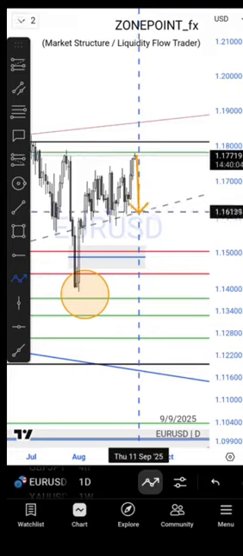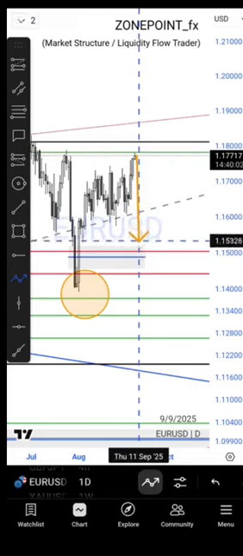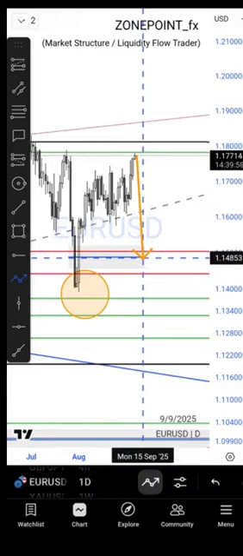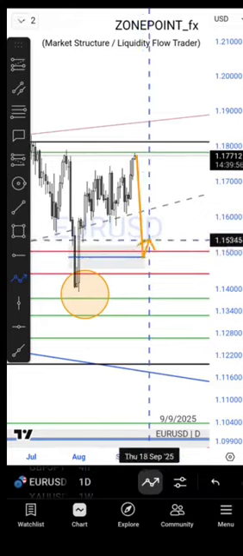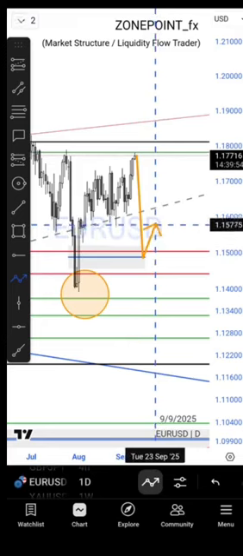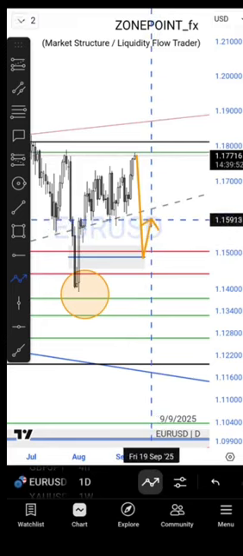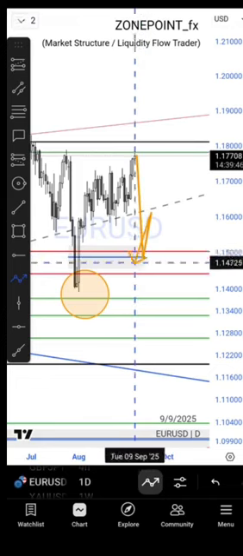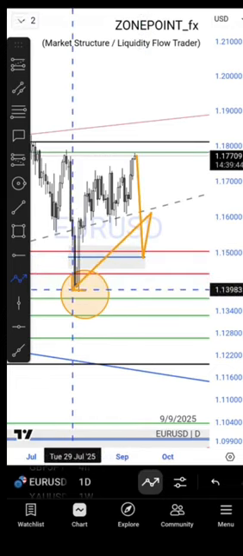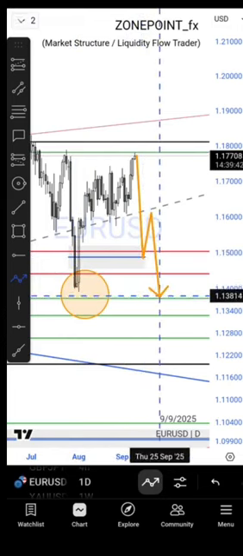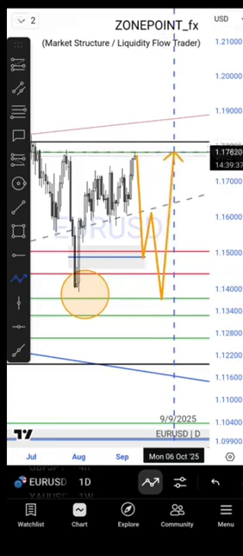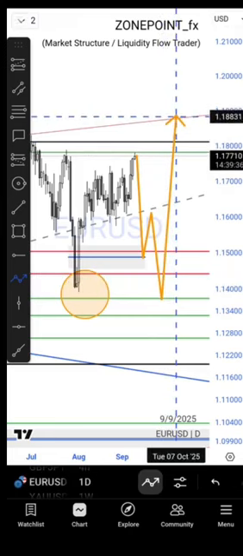So we'll be looking for the sell to this level to tap in here. If price tapped in here, you want to create an imbalance. If price is creating an imbalance to move up a little, we want to take out this liquidity, and also take out this liquidity here, to tap into this level before moving up to this level.